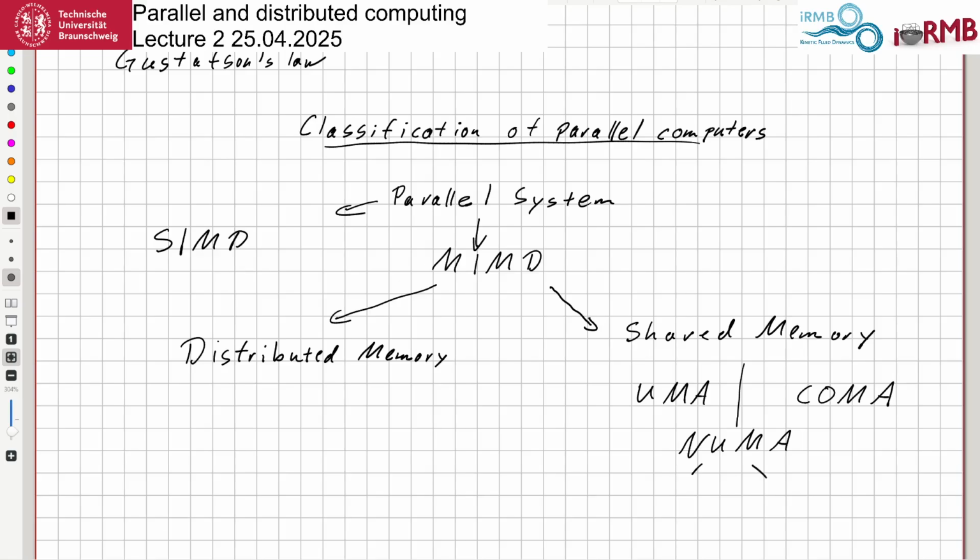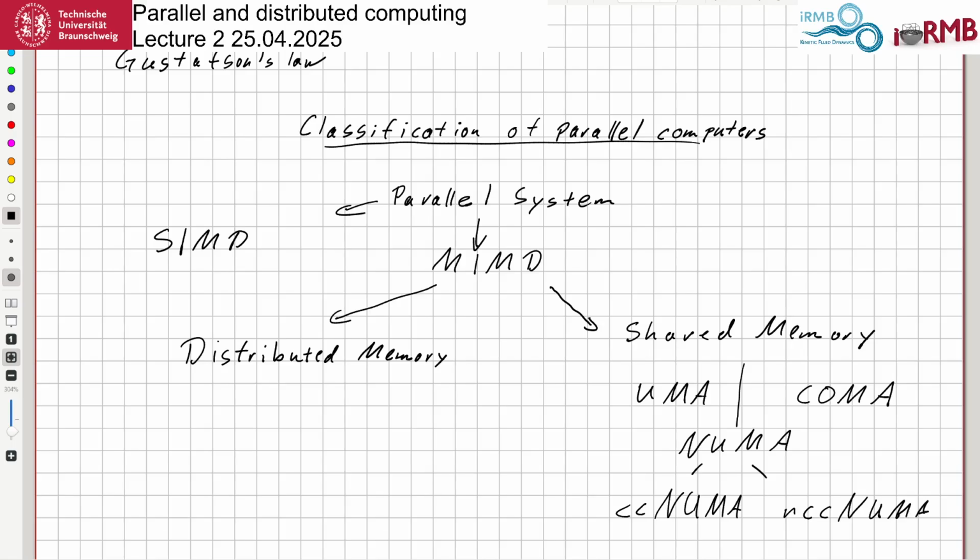Memory access time depends on where things are stored in memory, and there we have already mentioned the cache coherent NUMA and the non-cache coherent NUMA.